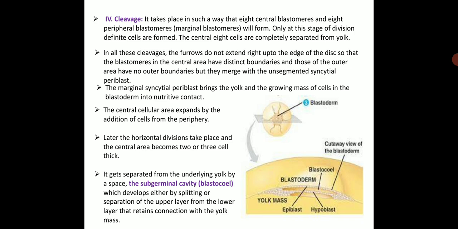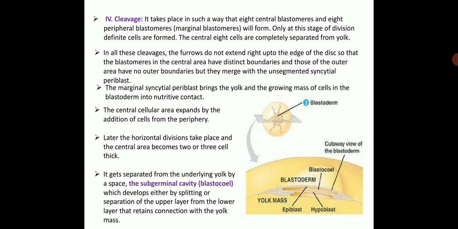In these cleavages, the furrows do not extend right up to the edge of the disc, so the blastomeres present in the central area have distinct boundaries, and those in the outer area have no outer boundaries, but they get merged into the unsegmented syncytial periblast.